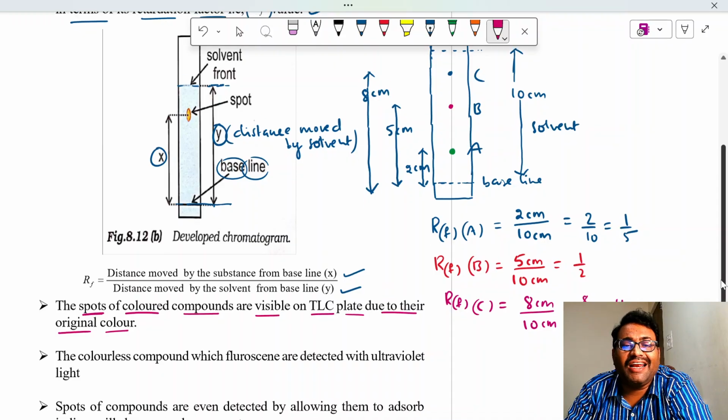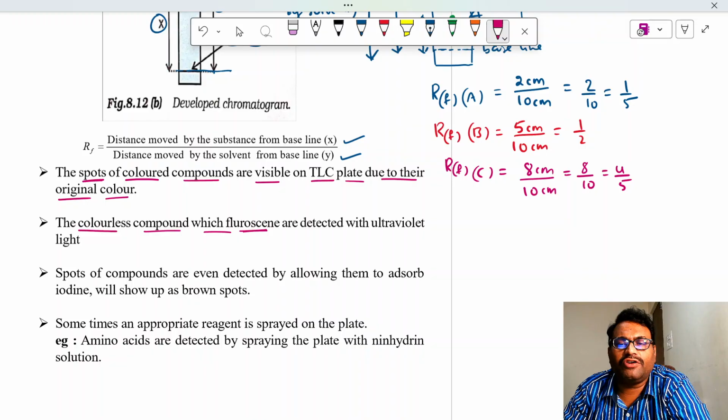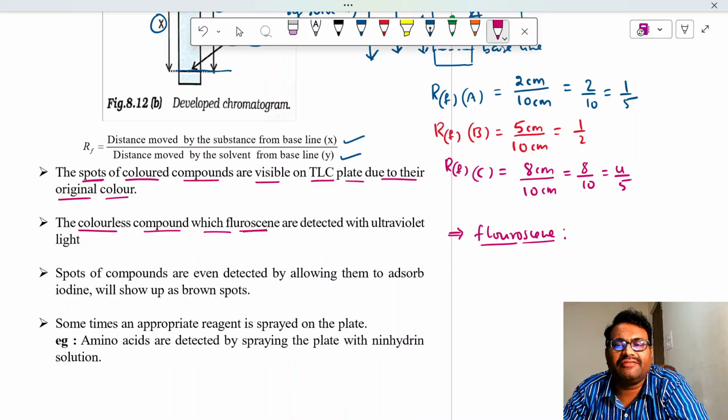But if they are colorless, there are colorless compounds which are fluorescent, meaning compounds which produce color on projecting UV light on them.